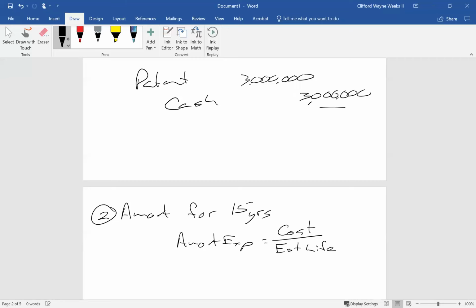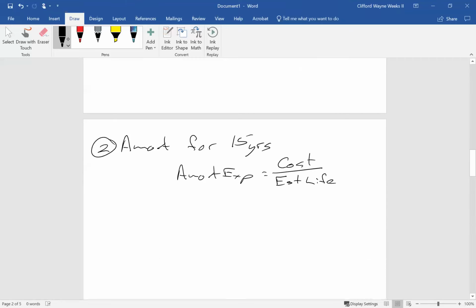Because there's 15 years left, we're going to take our 3 million and divide it by 15. And that comes out to be $200,000 a year.